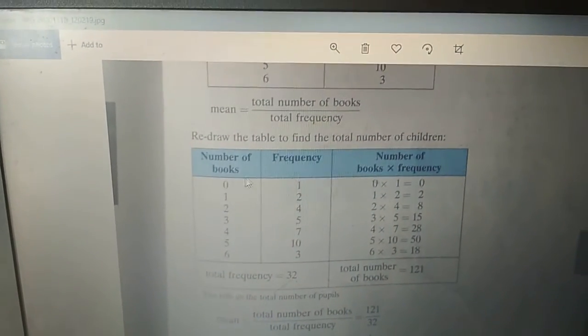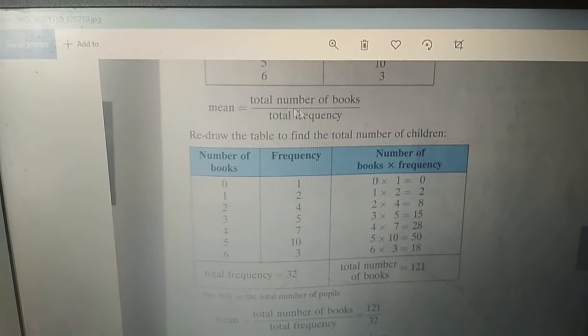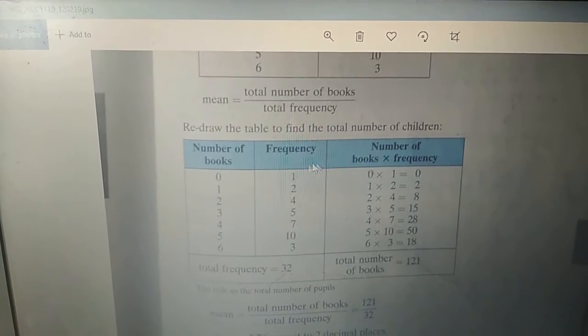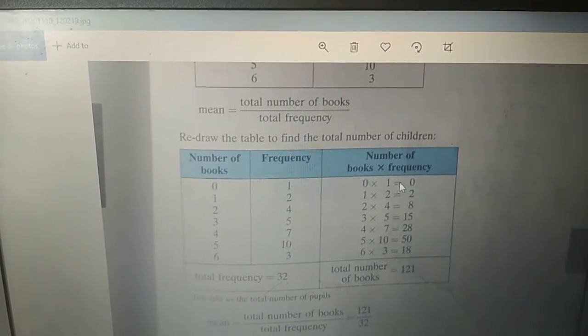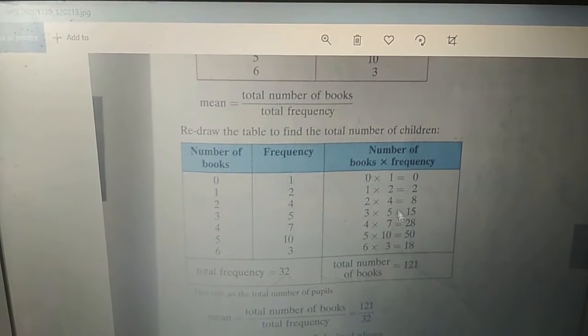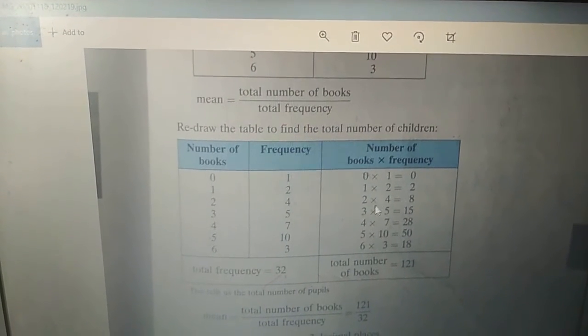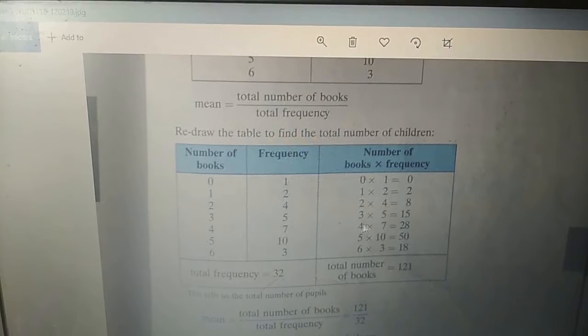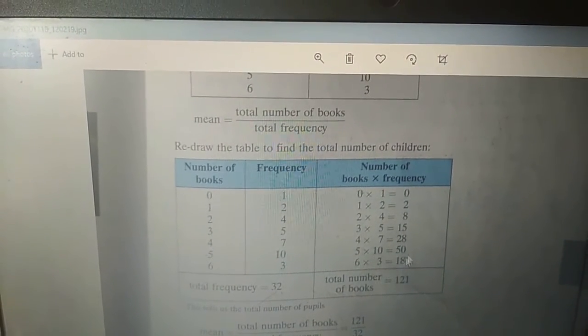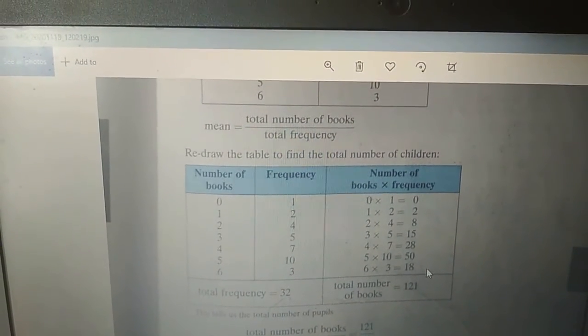We just multiply these two columns: 0 into 1, 0; 1 into 2, 2; 2 into 4, 8; 3 into 5, 15; 4 into 7, 28; 5 into 10, 50; and 6 into 3, 18.